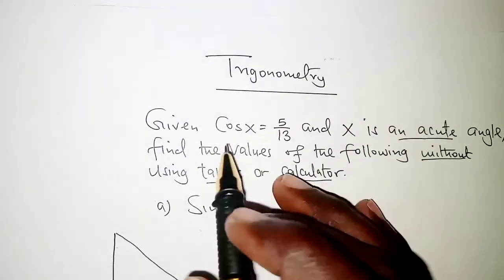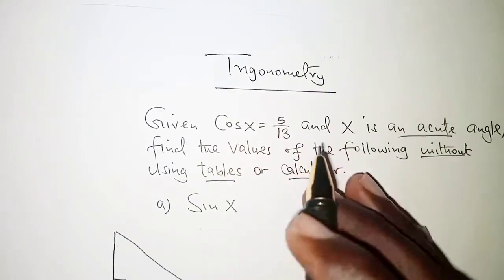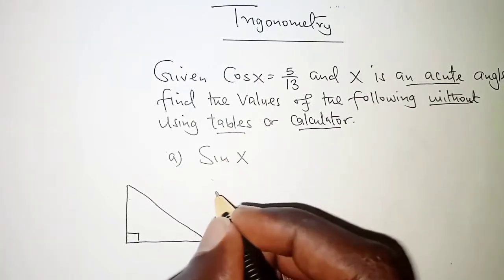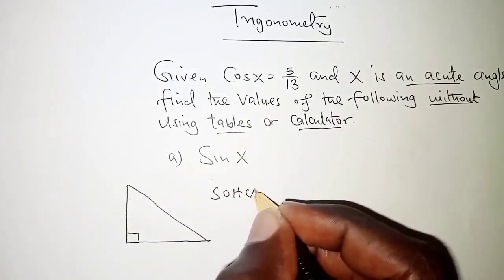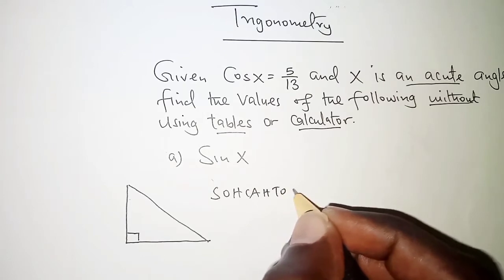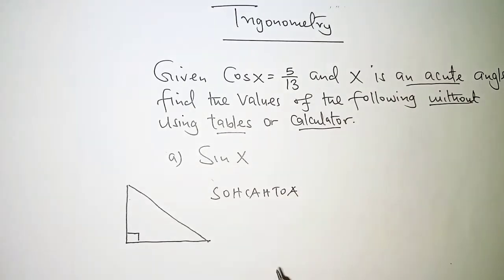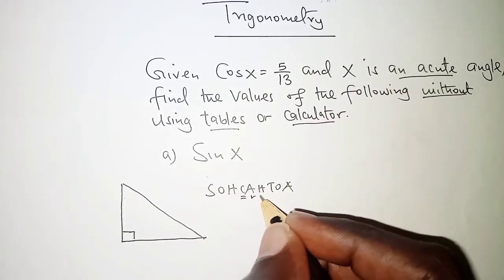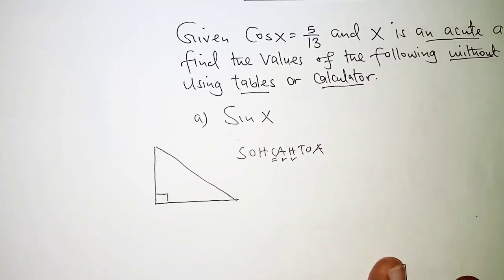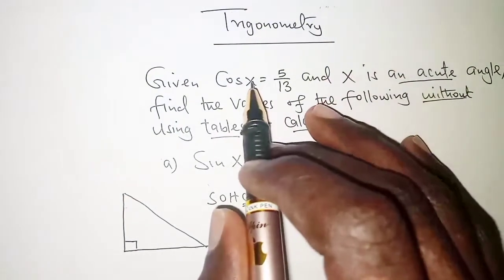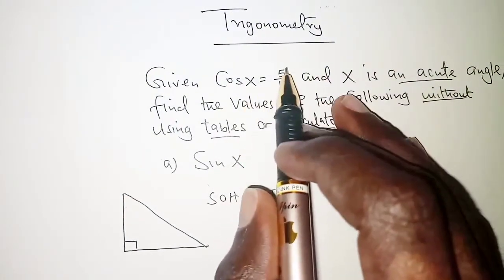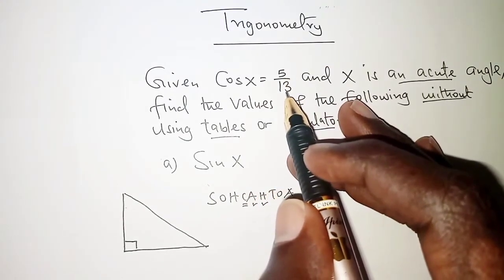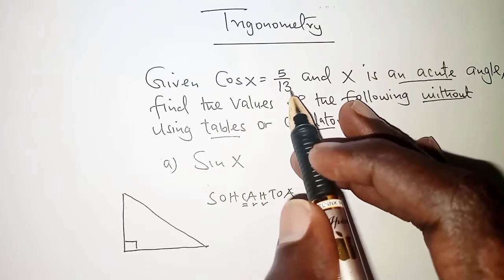And in this right angle triangle, we will have to interpret it using whatever we are given. Like for this case, we are given cosine of x is 5/13. So from SOHCAHTOA, we can see that cosine is given as adjacent over hypotenuse, so that if we have cosine of x is equal to 5/13, then 5 here represents adjacent and 13 represents hypotenuse.